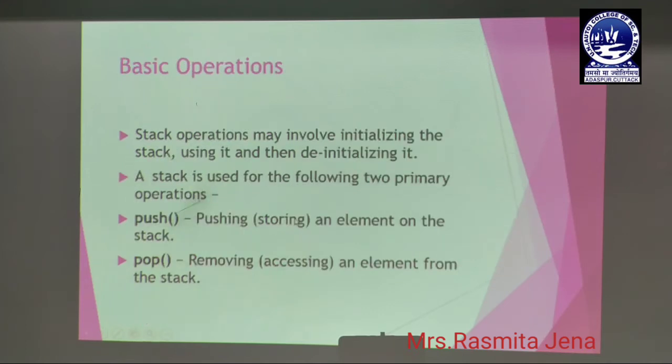Next, we will see the basic operations we can perform over a stack. The stack operation may involve initializing the stack, using it, and also deinitializing it. That means we may insert into the stack and we may remove an element from the stack. There are two primary operations, push and pop.